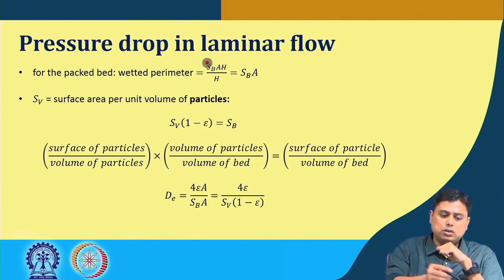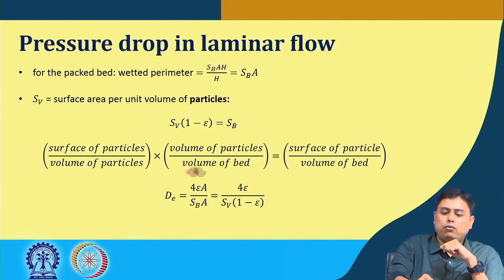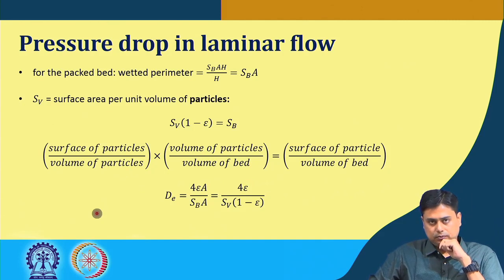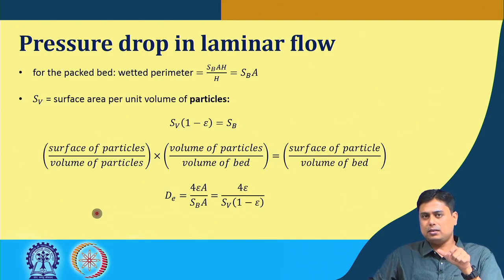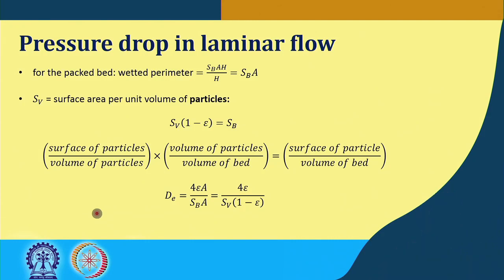So, in a more simplified manner, if you follow this expression, that surface of particles by the volume of particles, which is basically the S V, the surface area of particles per unit volume of the particle, multiplied by volume of particle per unit volume of the bed, which is nothing but 1 minus epsilon, because epsilon is volume of empty space divided by volume of bed.